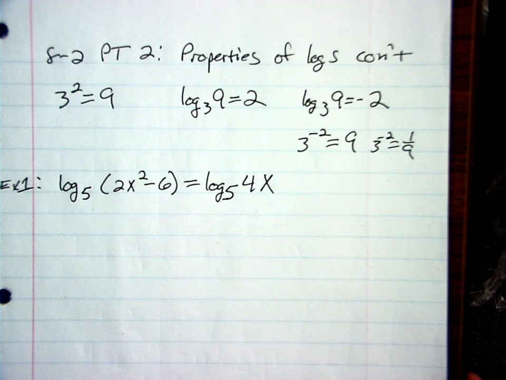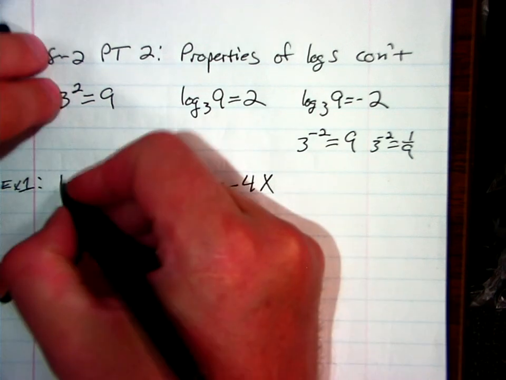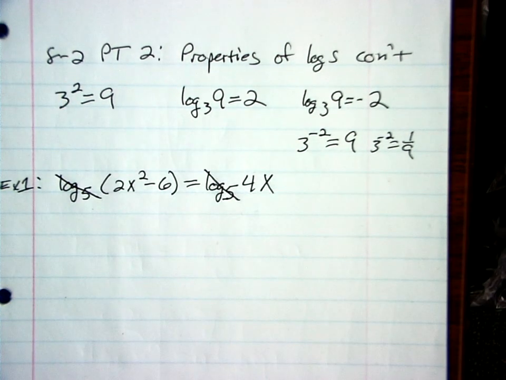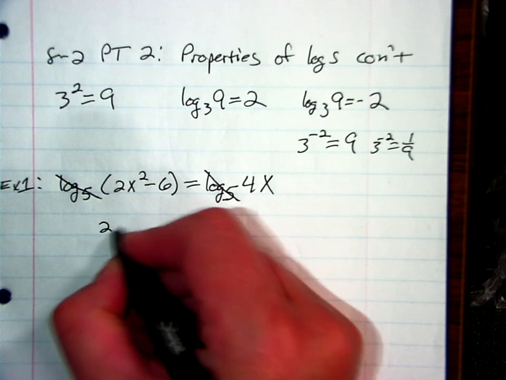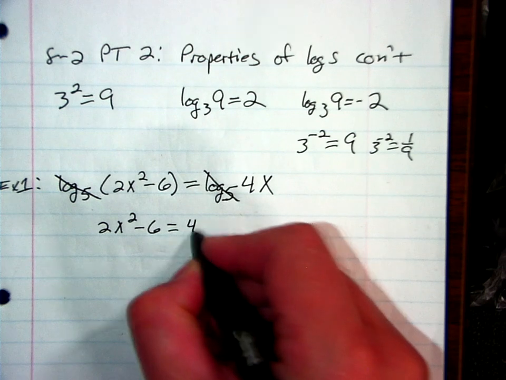Now, back before when we had the same base and exponents, what did we do with the base? Got rid of them. Well, what do I have here? I have the same base, so I'm going to get rid of them. So it just goes away. So now I have 2x squared minus 6 equals 4x.